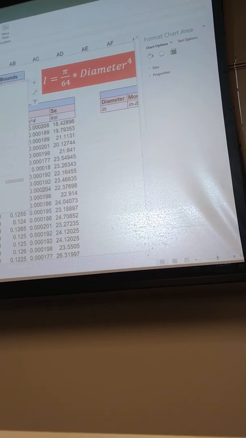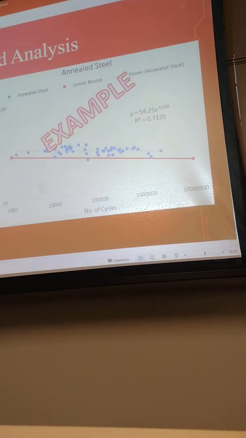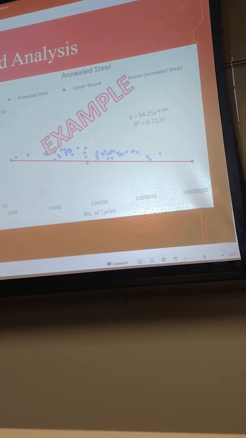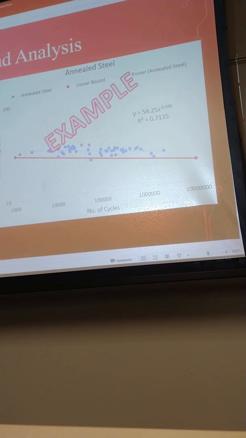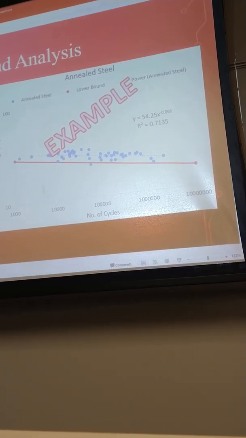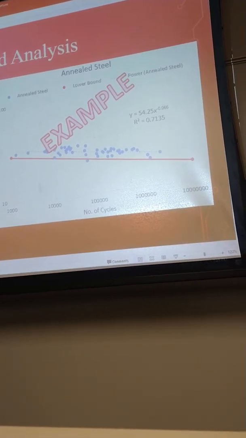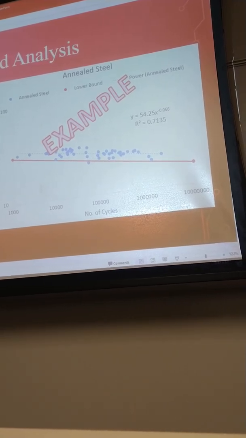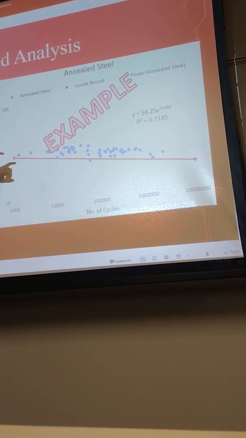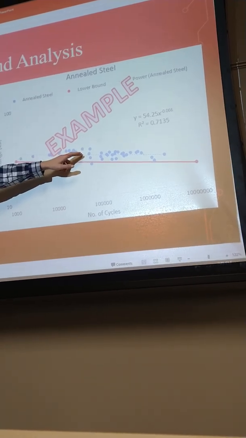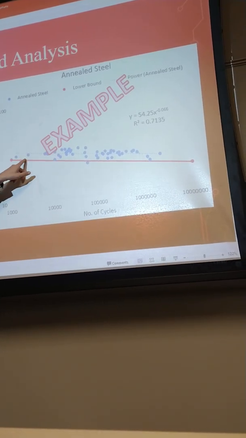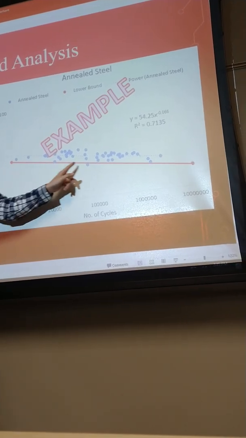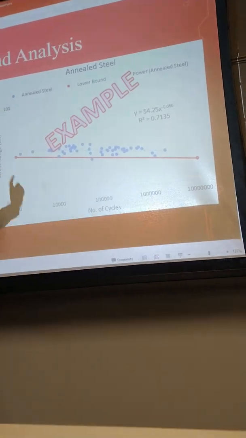So now what we need to do is find how to figure out this lower bound. Generally in design, you don't design based on the best fitted line, because if you do, you can get in trouble because look at how many dots are below the best fitted line. So you create a lower bound and you design based off that lower bound.